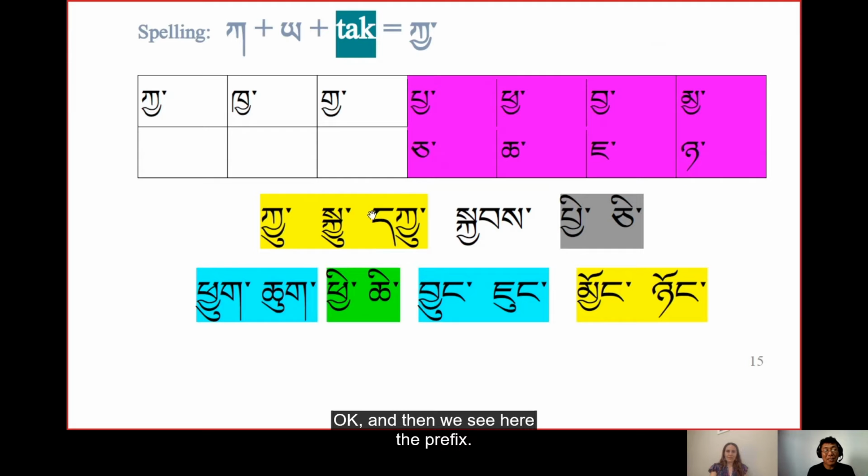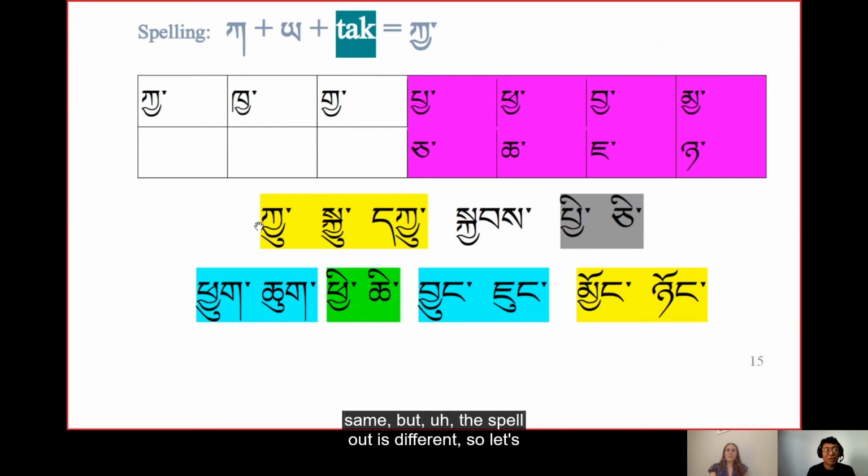And then we see here the prefix tha, and then root letter ka, and also yata, and then shabju. So here in the yellow highlighted ones, the sound is exactly the same. There's no difference, but there are different purposes and different meanings for each of these. The final sound is the same, but the spelling out is different.